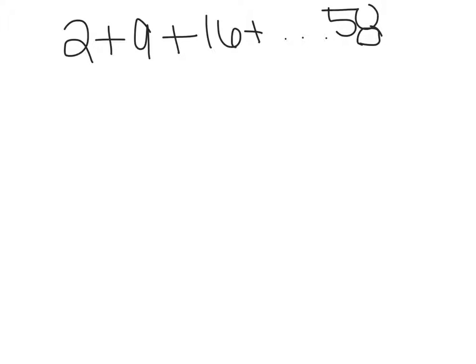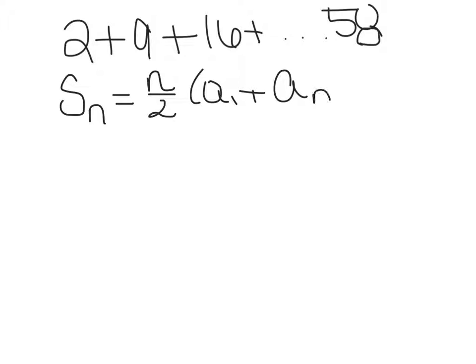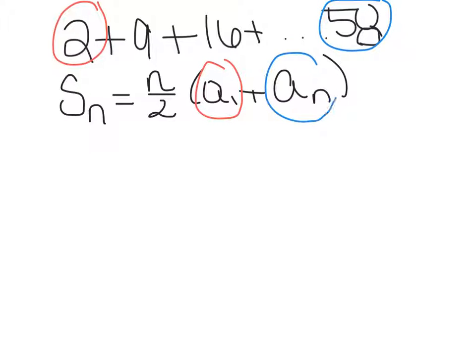Well, there is a formula, so to find the sum of an arithmetic sequence for the first n terms, it's s sub n equals n over 2 times a1 plus an. So this is tricky because I know the first term and I know the last term. This 2 is my a sub 1, and the last term, this 58, is my a sub n.